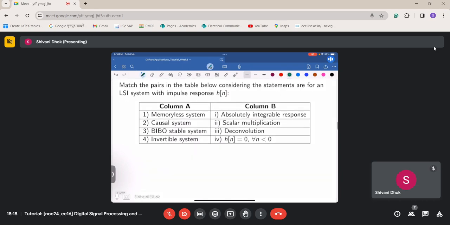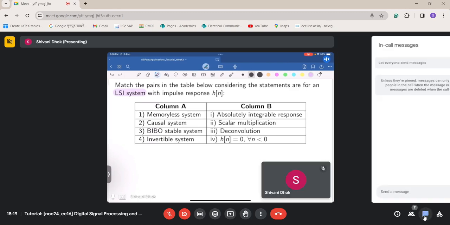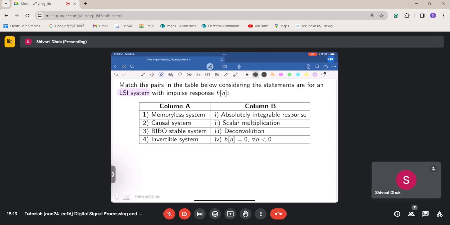One thing you should take care of is that whatever we are discussing is only for LSI systems and no other systems. Okay. So in that situation, what does a memoryless system look like?